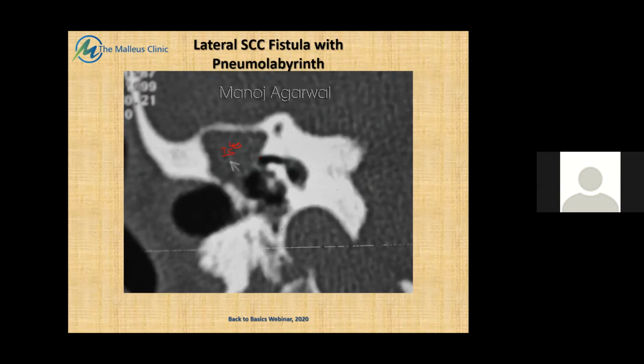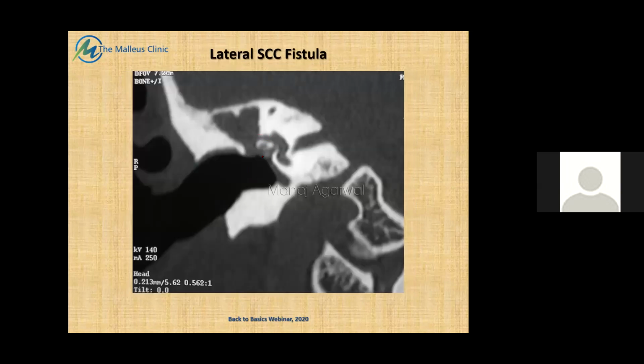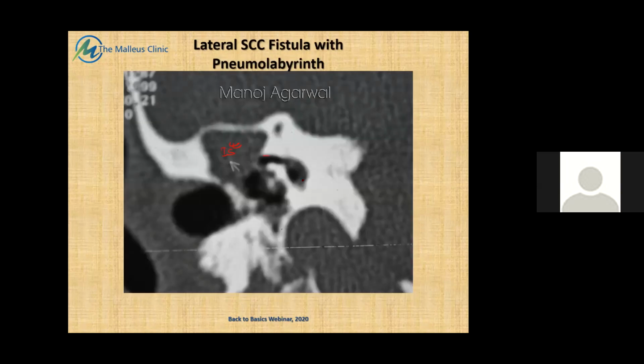The previous shadow here was isodense, but now what has happened here is that within the isodense shadow of the vestibule and the lateral semicircular canal, there is a hypodense shadow, which means that the fistulous communication actually has led to the ingress of air into the lateral semicircular canal and the vestibule, and such patients are more liable to have vertiginous attacks, and their vertigo is liable to be more severe compared to the previous patients. So these are some examples of a lateral semicircular canal fistula.